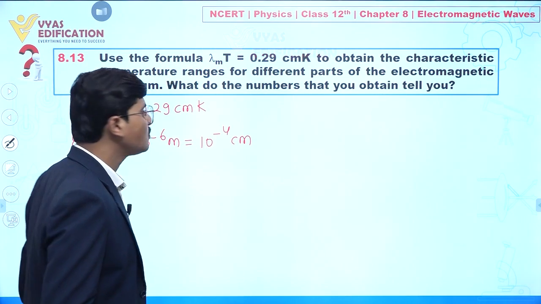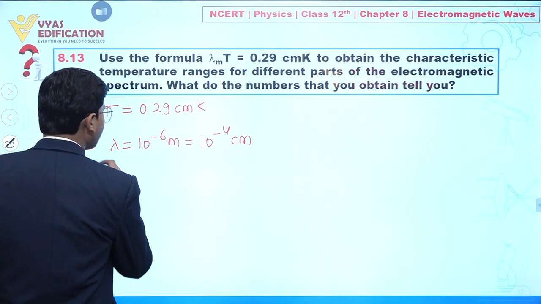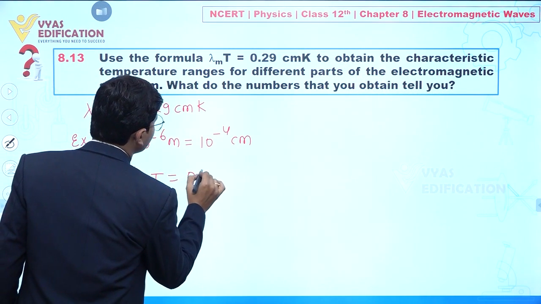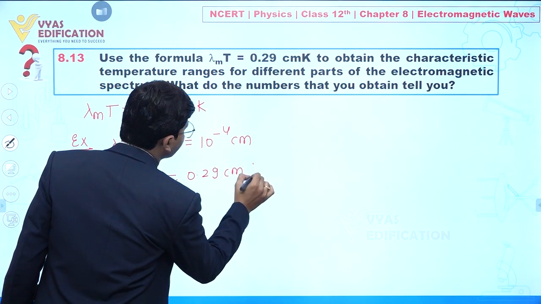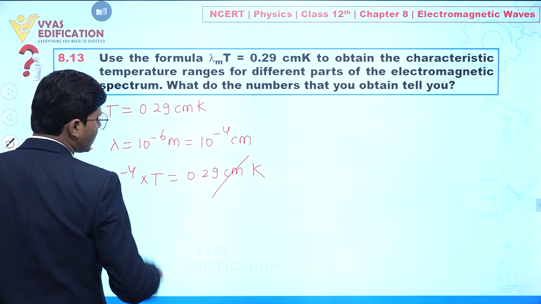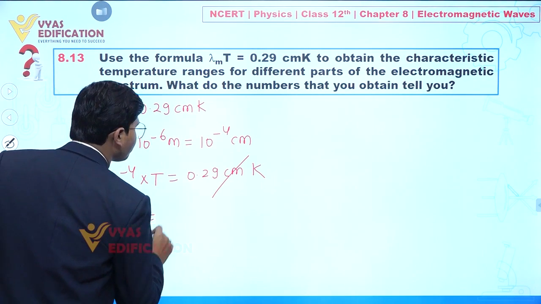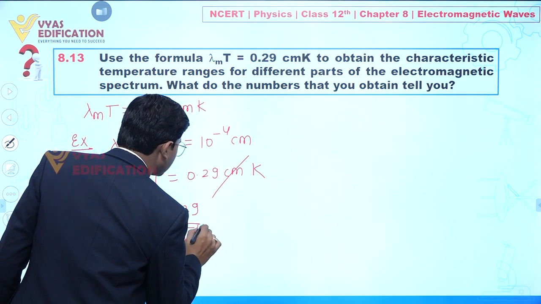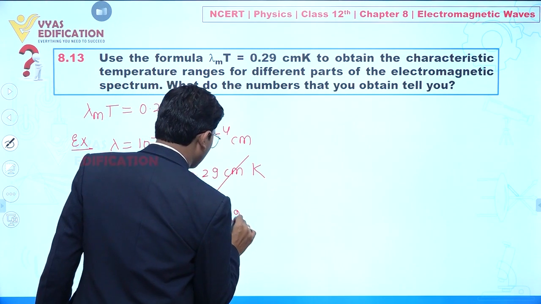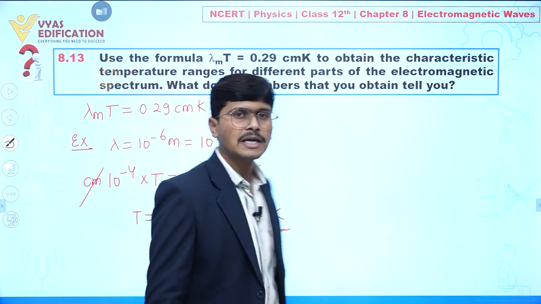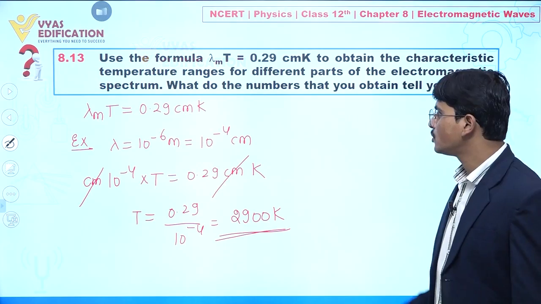So if we put this value here, multiplied with T, this is equal to 0.29 centimeter Kelvin. So centimeter and centimeter cancel out, clear, and we can write T equals 0.29 divided by 10 to the power minus 4, or we can say 2900 Kelvin, clear. So from here we get a value of 2900 Kelvin.